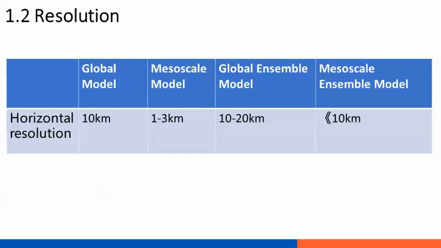Global models can reach 10 kilometers. Mesoscale models can reach 1 to 3 kilometers or even 100 to 500 meters. As with global and regional models, uncertainty inherent in the forecast can be addressed to some degree with ensembles. Global ensemble models can reach 10 to 20 kilometers, and mesoscale ensemble models can reach less than 10 kilometers.